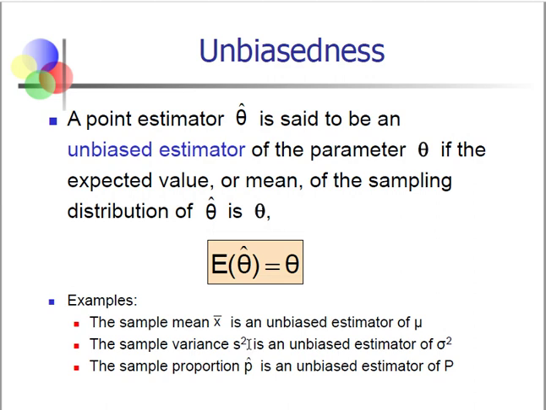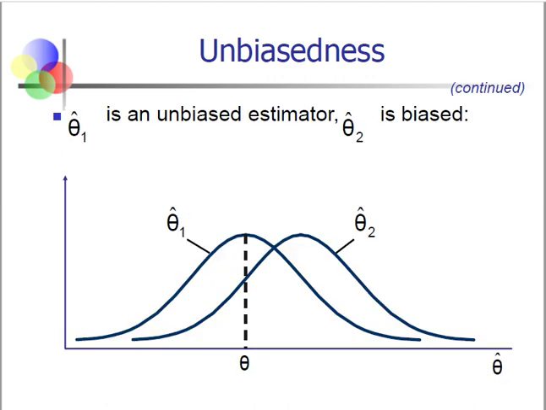We also found that the mean of the sample variances was the population variance. Okay, so that means that the sample variance is an unbiased estimator for the population variance. And we also found that the sample proportion is an unbiased estimator of the population proportion.